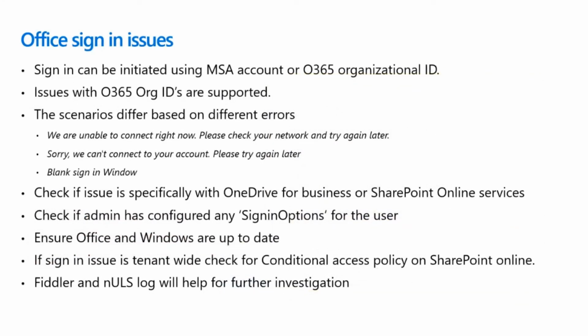Moving on to sign-in issues. Again, when it comes to sign-in, it can be initiated using either the MSA account or O365 organizational ID. And we only support issues which are specific to O365 org IDs.